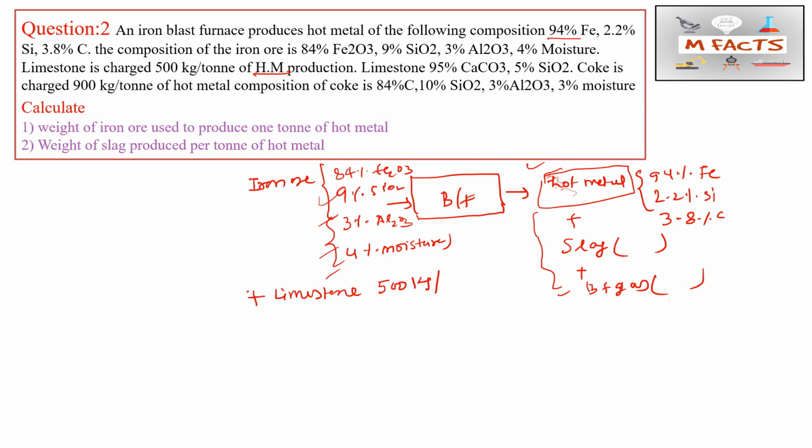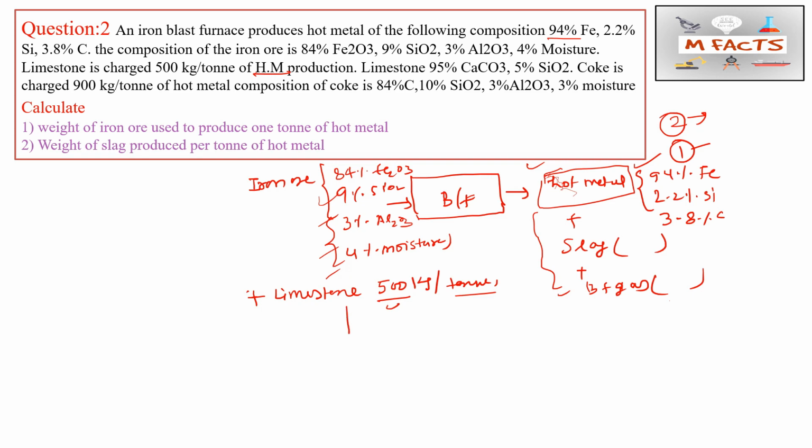Means if in the question they ask us to calculate for 1 ton, we will take limestone as 500 kg. If they ask to calculate for 2 tons, we will take it as 1000 kg, because this is per ton. Okay, so we can vary it according to the question.